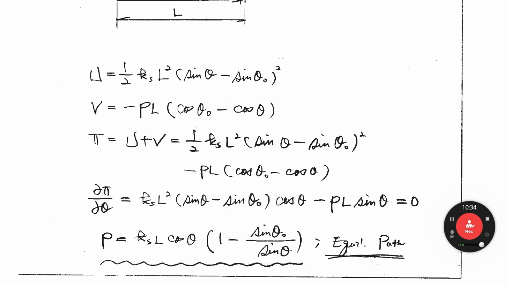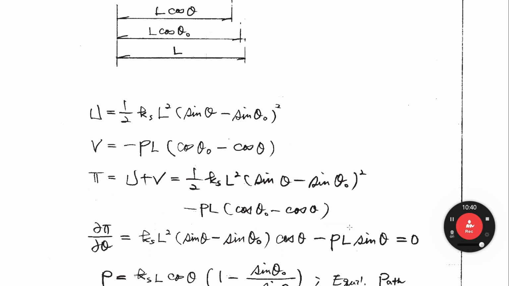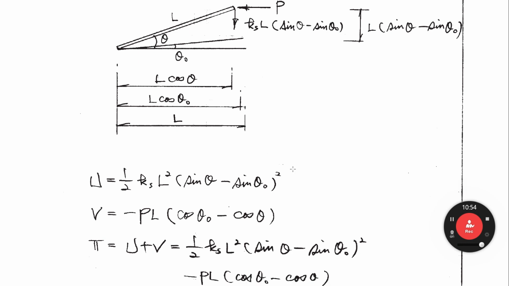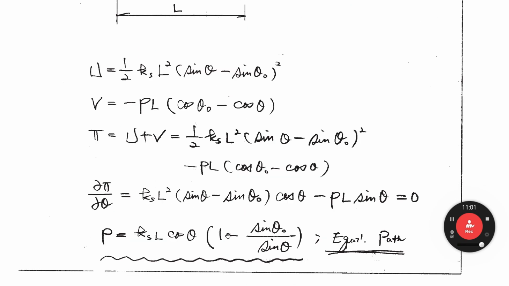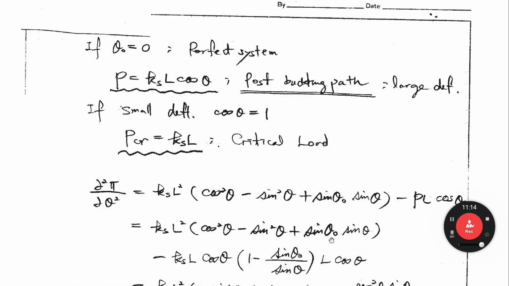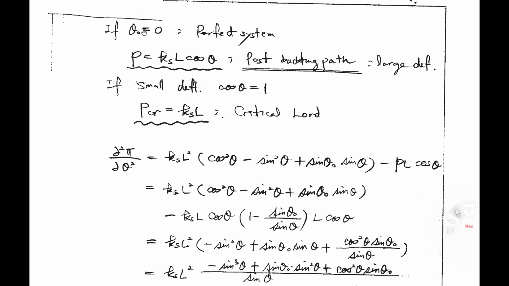If you move this part below, then you can get this one. It is called equilibrium path because it has originally some initial deformation without any loading. So it is an imperfect system, and then we call it equilibrium path. From this one we can get many values. If theta 0 equals 0, that means there is no initial imperfection.